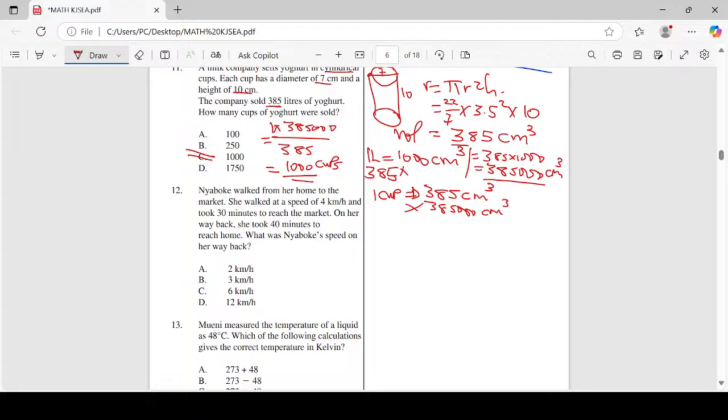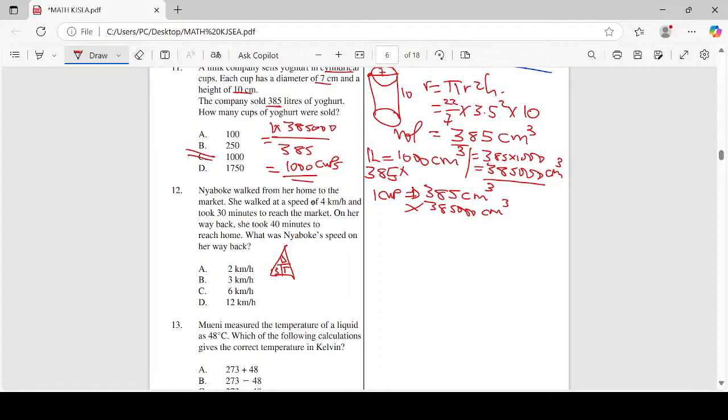Learners, first of all, let's have this diagram in our mind. Distance, speed, time. Now, let's analyze this statement point by point. Nyaboke walked from her home to the market.